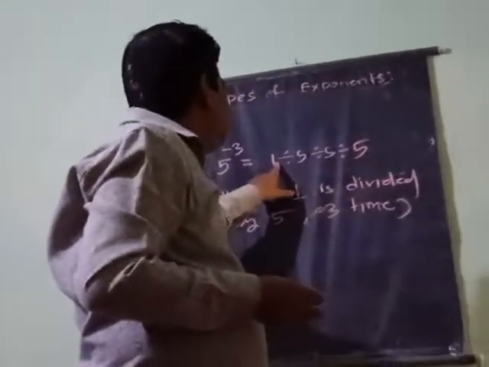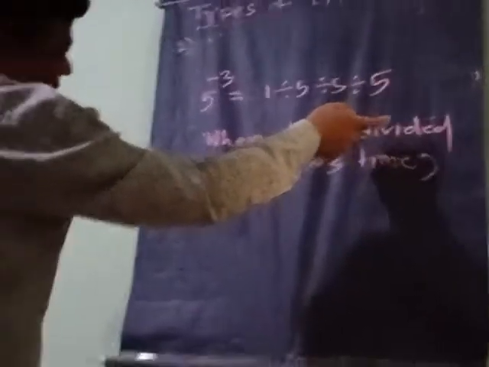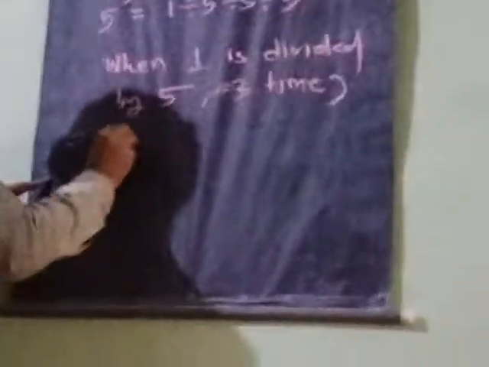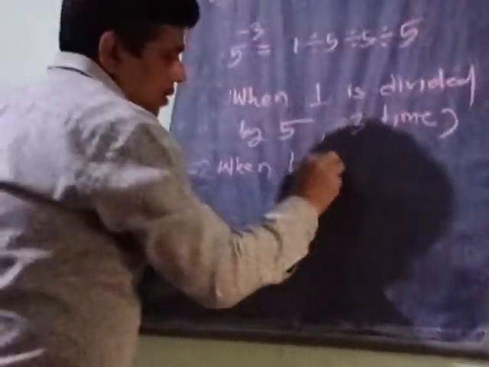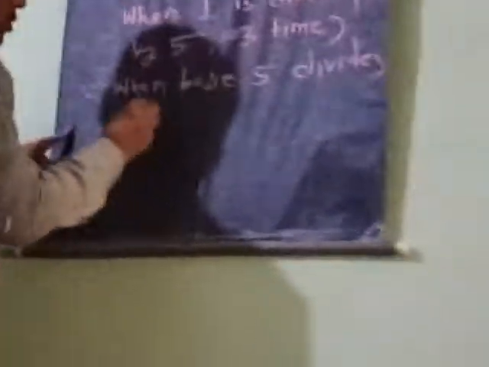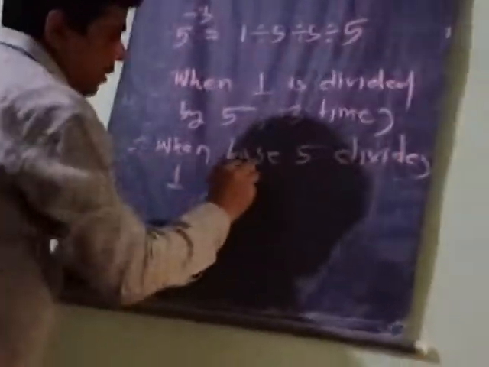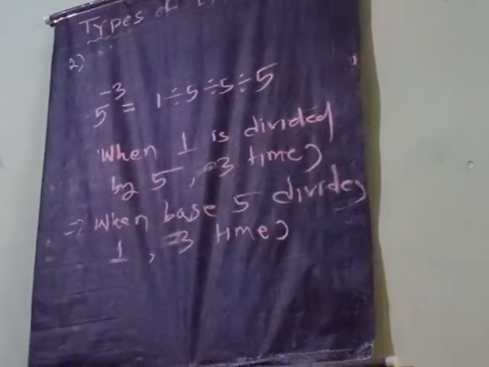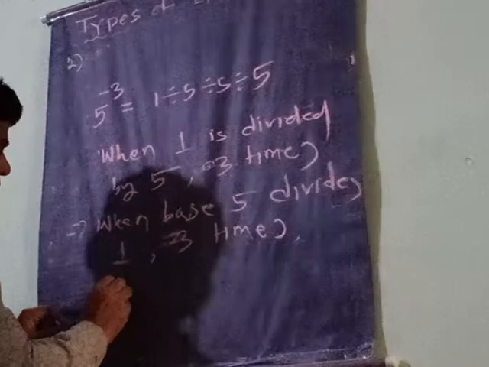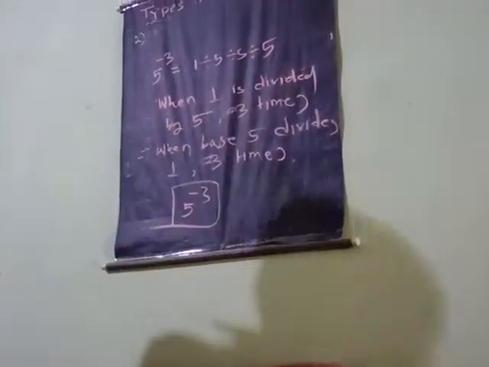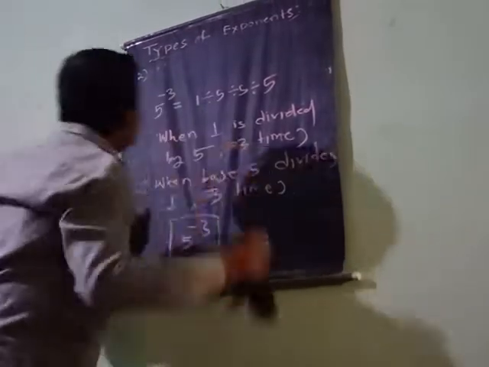So when the base 5 divides 1 how many times? 3 times, because the power is 3. So we shall get the exponent which is equal to 5 to the power minus 3. Understand? This is about the negative exponent.